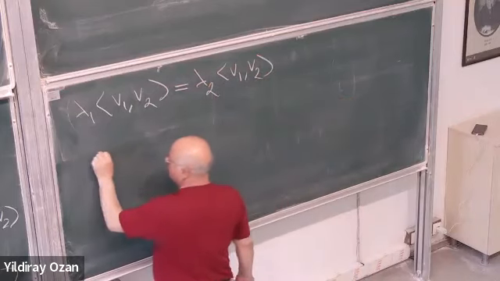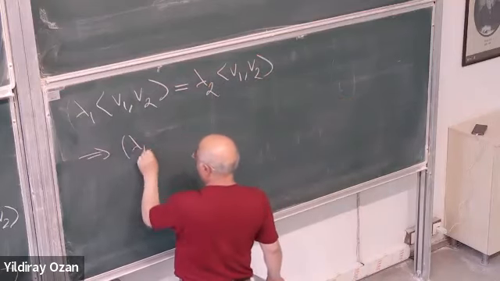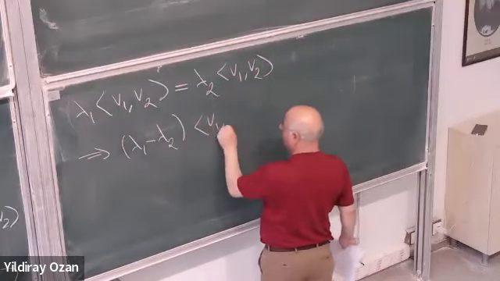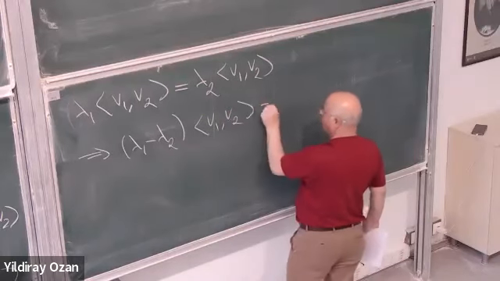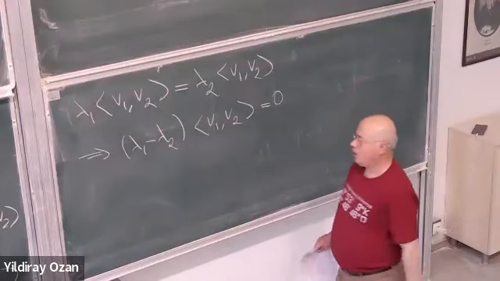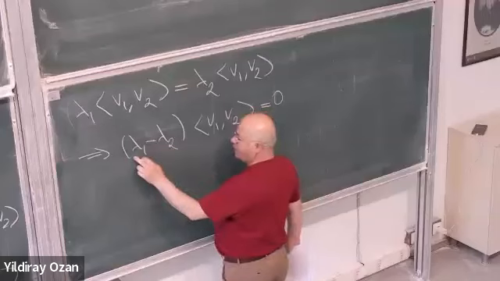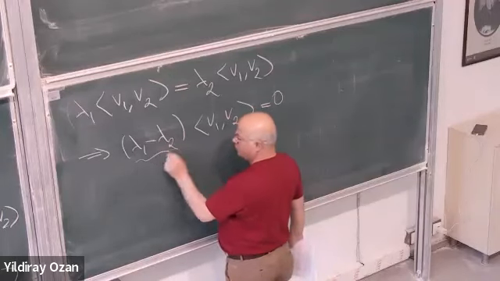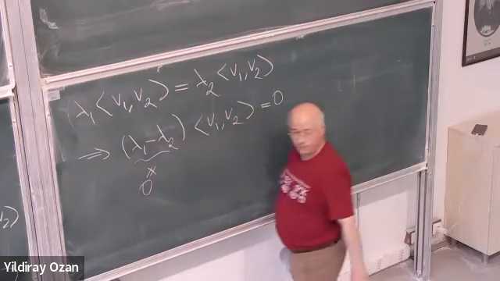Take this to the other side, we get lambda 1 minus lambda 2 times V1, V2. Well, these are two numbers, but they are not equal to each other, so this thing is not 0.